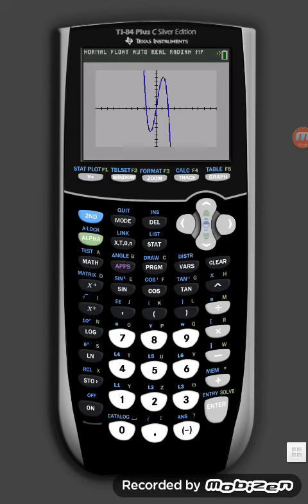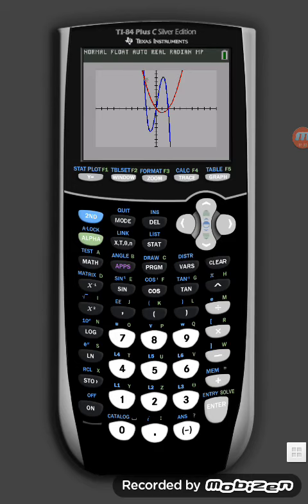The blue one is my cubic graph, which is my y1, and the red is my y2, the quadratic graph. If you take a closer look, you can see that these two graphs intersect each other at three points.